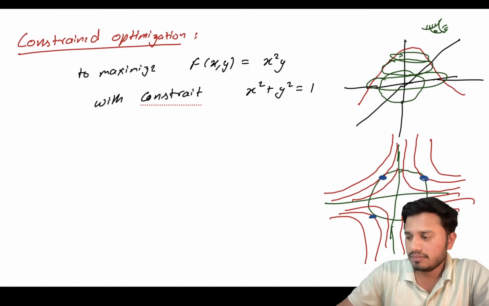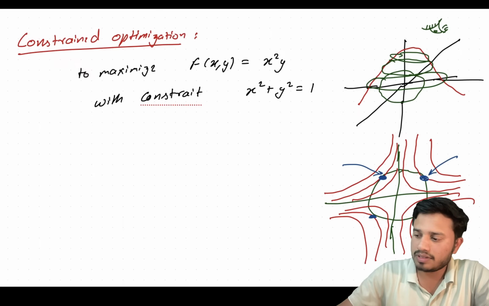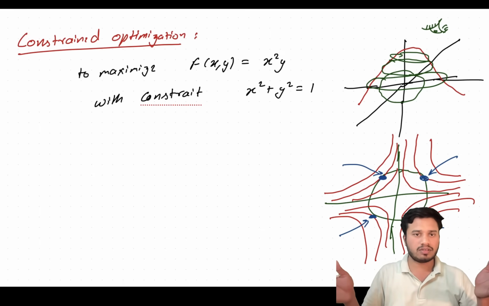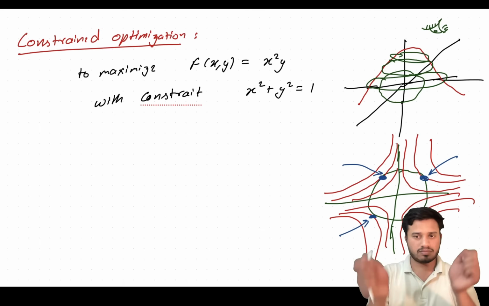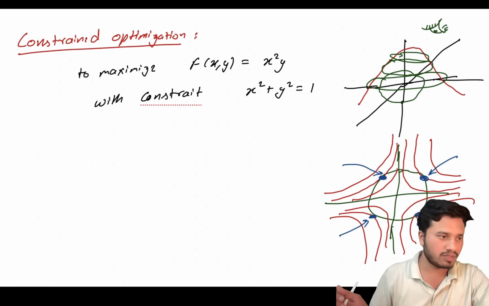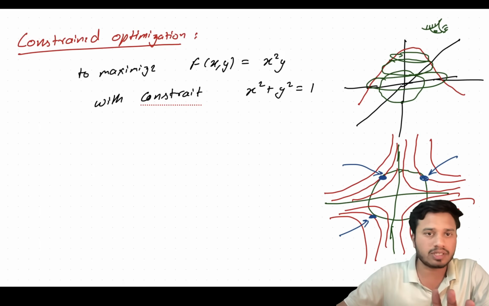I know that the local minima or maxima will always be at these points. I don't have to look outside this. That's the meaning of the constraint: be on this line, x square plus y square equals something. So due to our constraint, all the minima or maxima are these 4 points only.